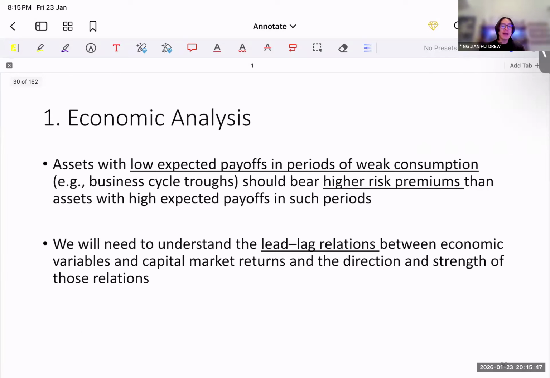And so how we think about economic analysis is that if a company's performance follows the up and down of the market, they typically are stocks that are higher risk, with a higher risk premium.